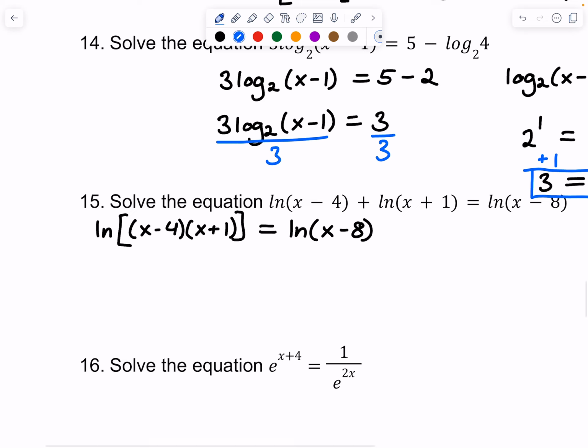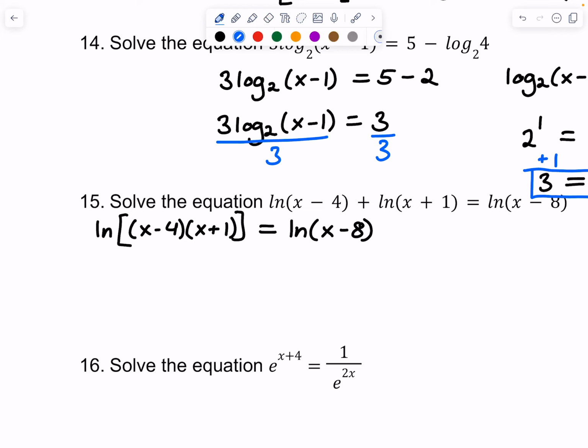Then, because I've got 1 logarithm on each side by itself, what I can do now is undo both of them at the same time. You may remember that the way to undo a natural logarithm is to use an exponential. Those two things are inverses. Logarithms undo exponentials, exponentials undo logarithms. In this case, ln is really just log base e.